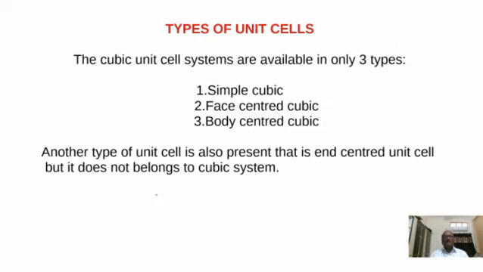Okay, next let me discuss the types of unit cells. Cubic unit cells are available in only three types. We know the dimensions of the unit cells. Two types of dimensions: one is the intercepts of the planes or faces on the XYZ standard axes, represented by a, b, and c.